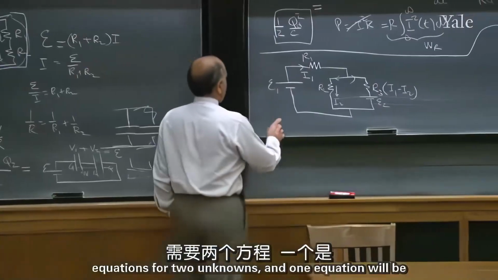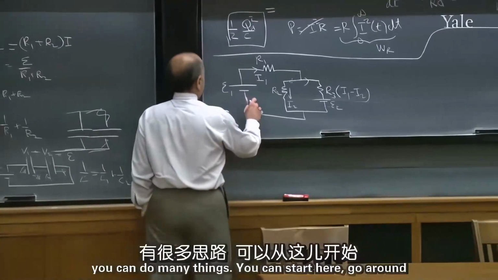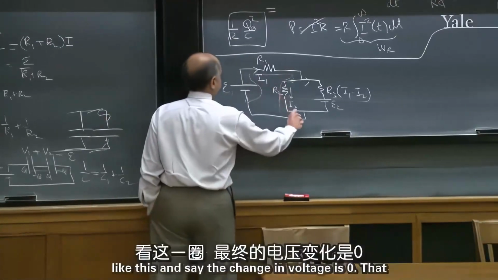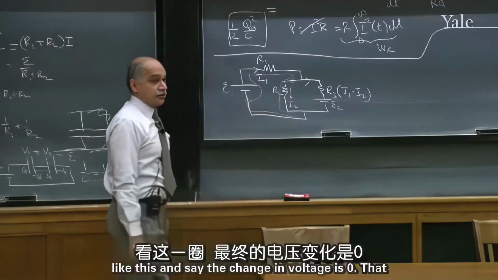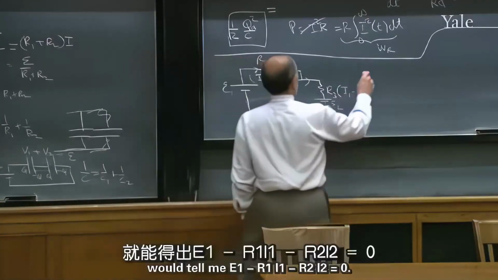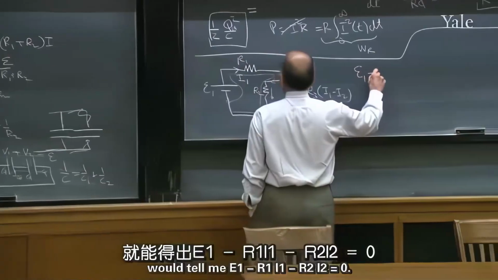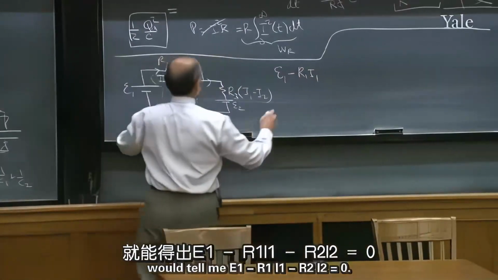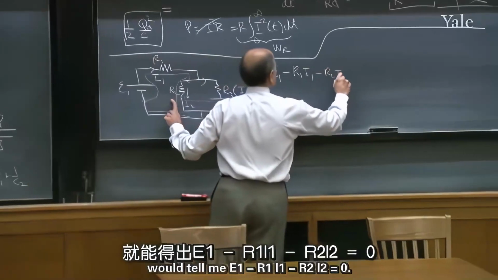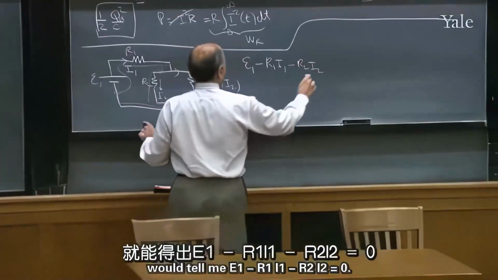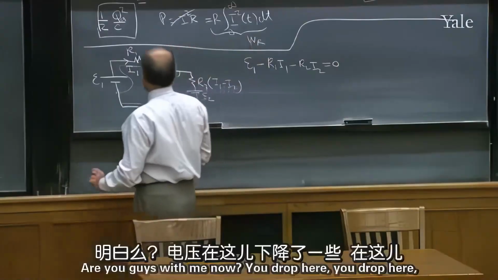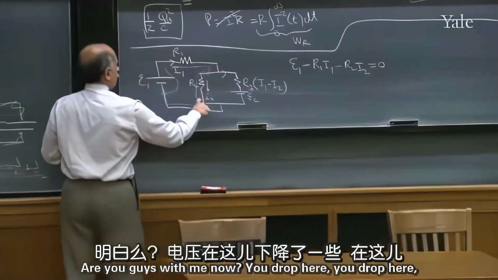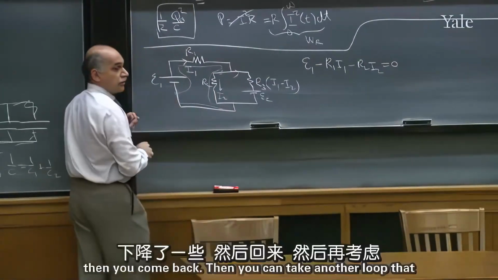And you can do many things. You can start here, go around like this, and say the change in voltage is 0. That would tell me E1 minus R1 I1 minus R2 I2 is equal to 0. Are you guys with me now? You drop here, then you come back.